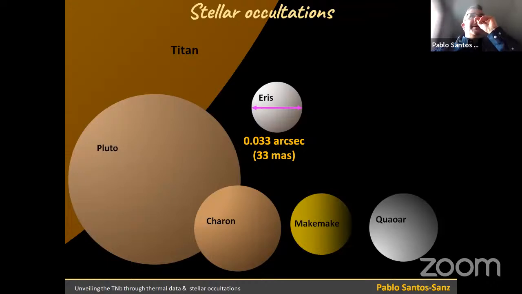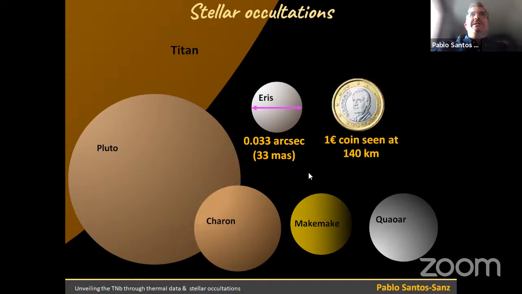This is nice, but there are real problems in predicting a stellar occultation by a TNO or a Centaur. The first problem is that these objects have a really small apparent size in the sky. For instance, Eris, which is one of the dwarf planets, has only 33 milliarcseconds in size.